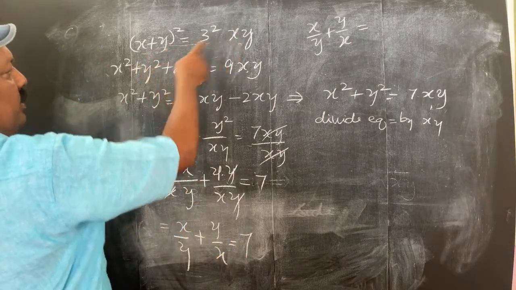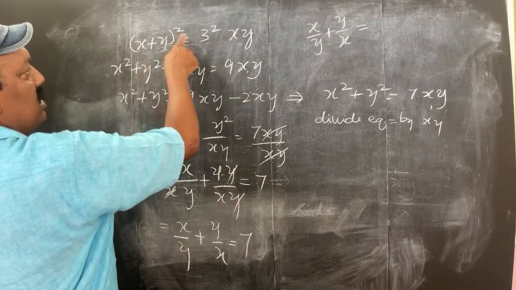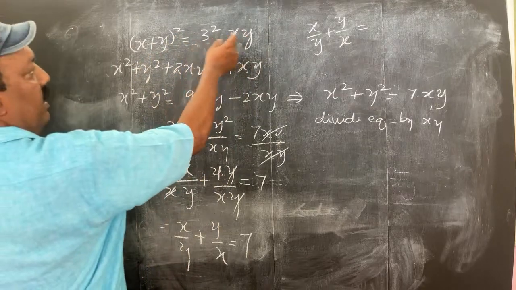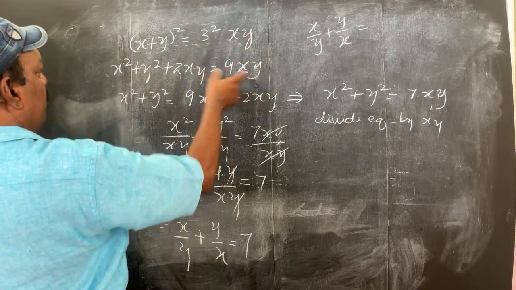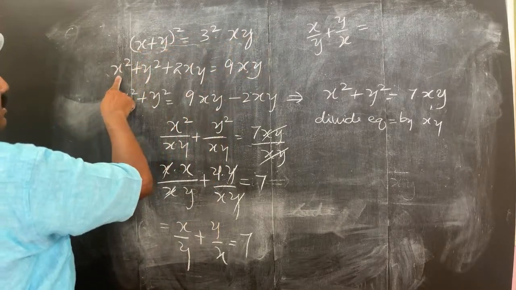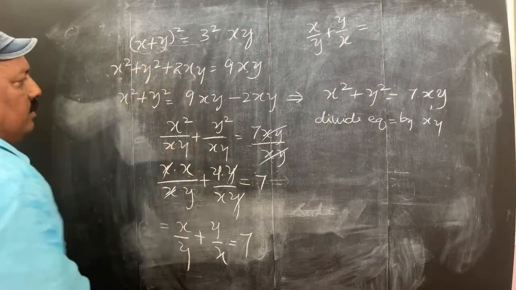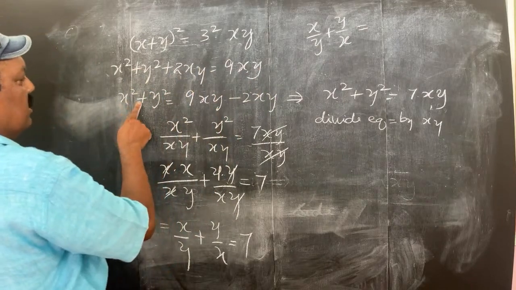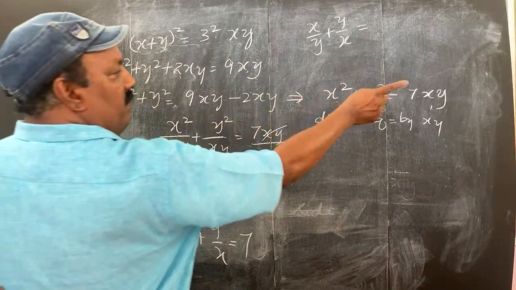Now look very carefully here. Squaring on both sides, we got (x plus y) whole square, and the 3 square root we lost. Now 3 square xy means 9xy, and (x plus y) whole square becomes x square plus y square plus 2xy. This 2xy I am sending to the other side, so x square plus y square is equal to 7xy.